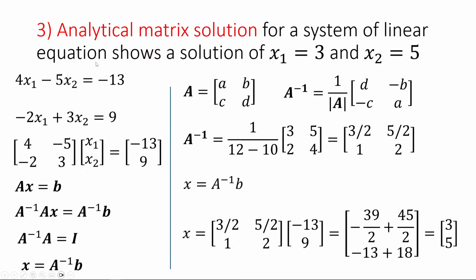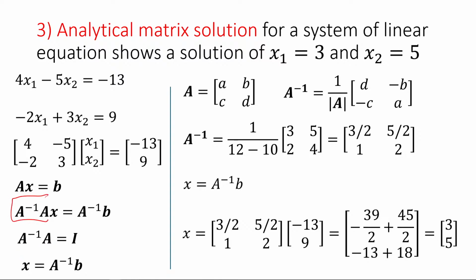That's why it is convenient to express this in matrix form, because if you have many equations, I can express this in matrix form, then I have AX = B. I multiply by the inverse of A, because the inverse of the matrix times the matrix itself gives you an identity matrix.